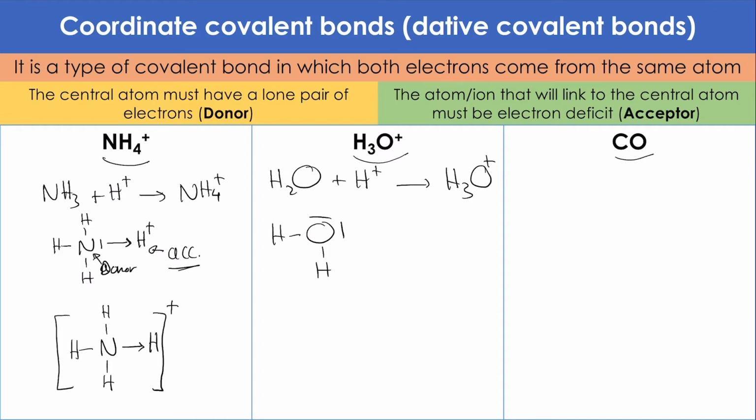Although you don't have to memorize it, it's always given in the periodic table that oxygen is group 16, so it has 6 electrons in the last shell. If it's making 2 bonds, it has 4 electrons in the last shell, which are making 2 lone pairs. This lone pair could be donated to a hydrogen ion, and the result will be hydronium ion.